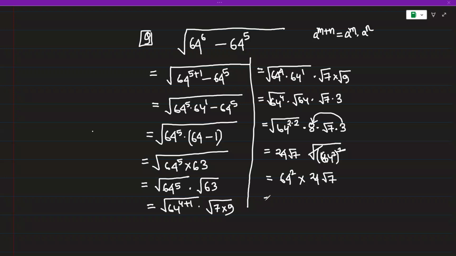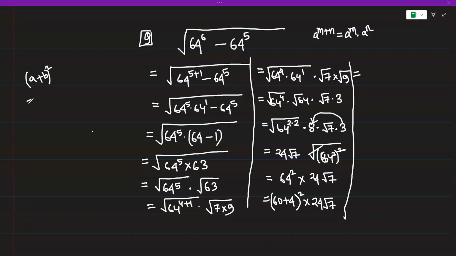Now this 64, we can write as (60 plus 4) squared times 24 root 7. We use this algebraic identity: (a plus b) squared equals a squared plus b squared plus 2ab.